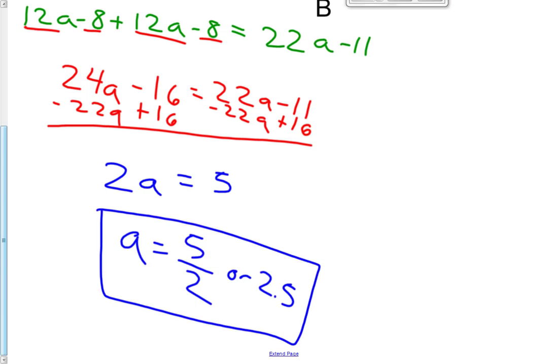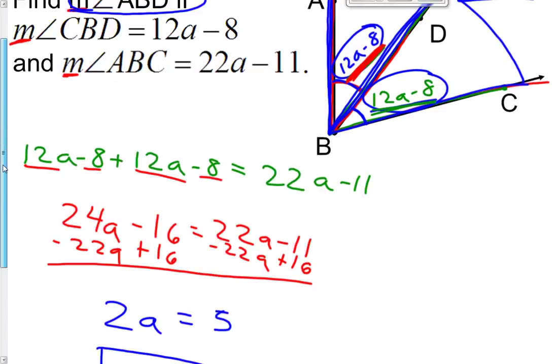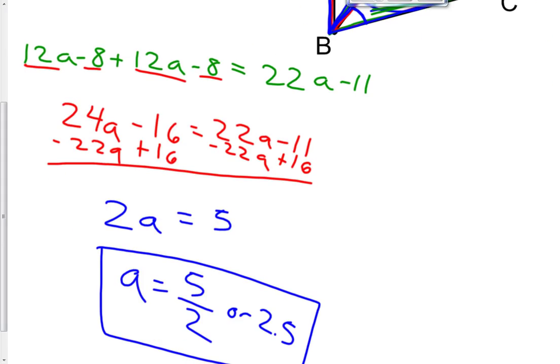Let's see if we've answered our question. Our question says, find the measure of ABD. So angle ABD is this 12A minus 8. That is what our answer is. So the measure of angle ABD is 12 times A minus 8.